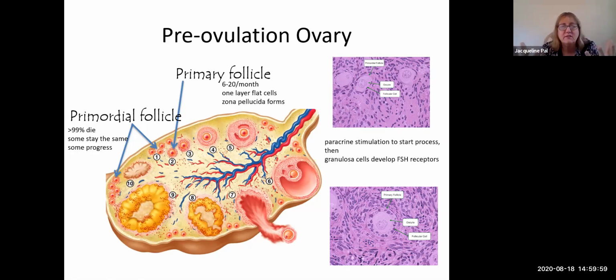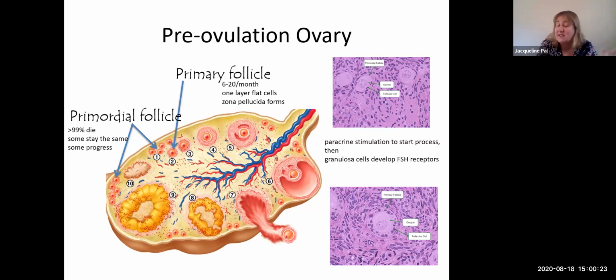Now, what starts the process? Well, you're going to have hormonal stimulation coming from the hypothalamus and the adenohypophysis, and it's going to affect the granulosa cells. Initially, they're going to secrete a little bit, and it's a paracrine kind of thing where it stimulates nearby granulosa cells to start doing their things.